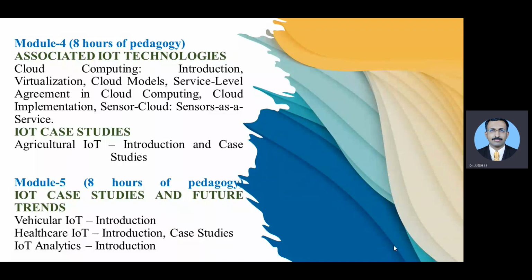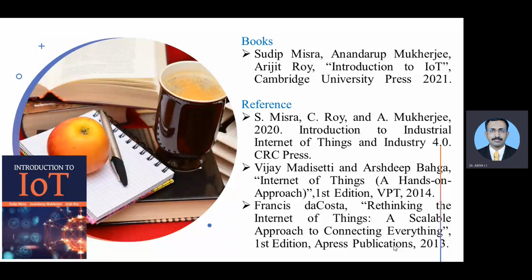So this is the book which I was explaining about, Introduction to IoT. That is the first book. You can see Sudeep Mishra, Introduction to IoT, by Cambridge University Press. So this is the book. As I have mentioned, this book covers the entire syllabus, only a single book which covers the entire syllabus of your IoT.